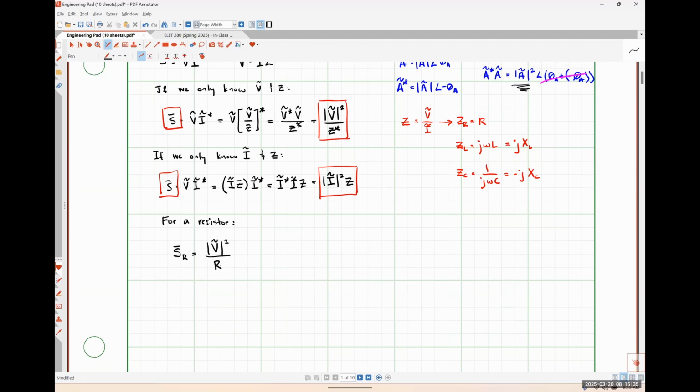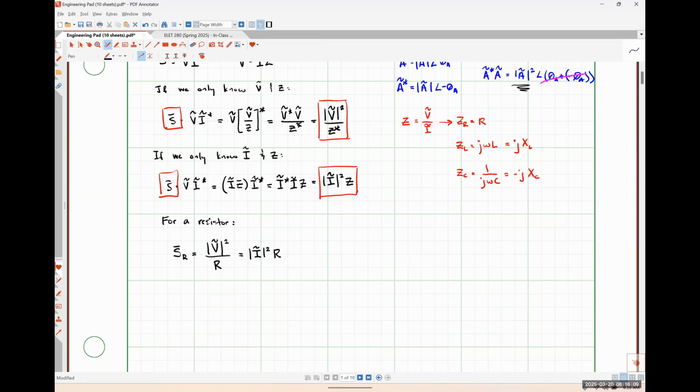Hopefully that makes sense because our RMS voltage, as we discussed on the first day of class, is a DC equivalent representation of those AC signals. So it makes sense that we wind up with the same DC relationship. My relationship in terms of current is just the magnitude of the current squared times my impedance, where my impedance in this case is simply R.